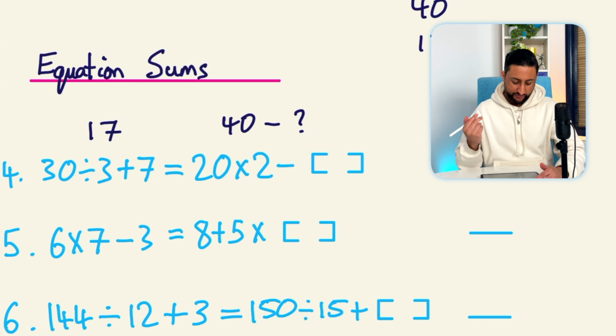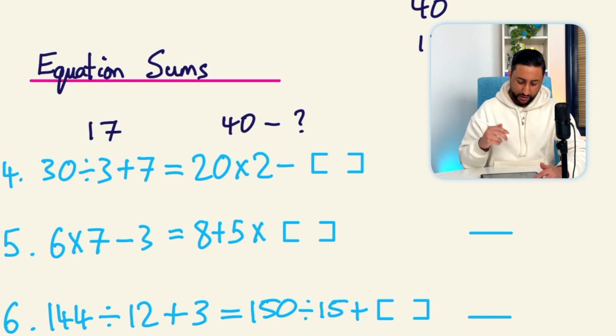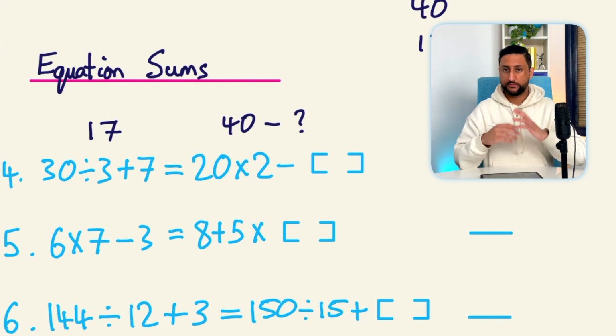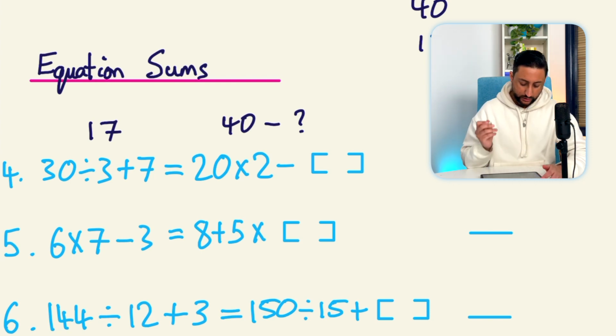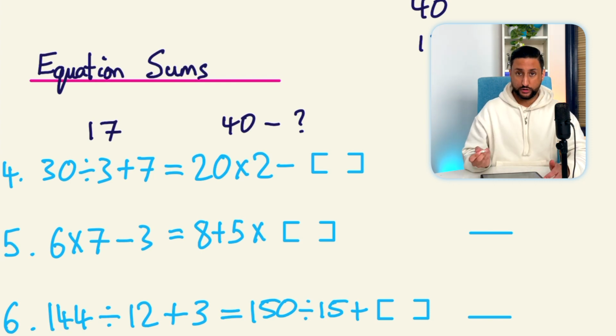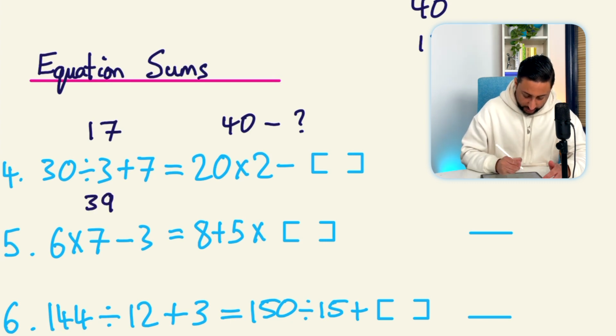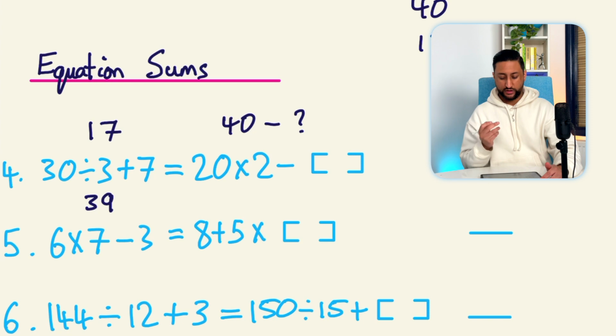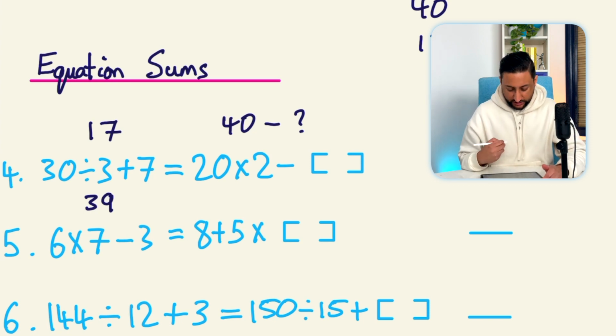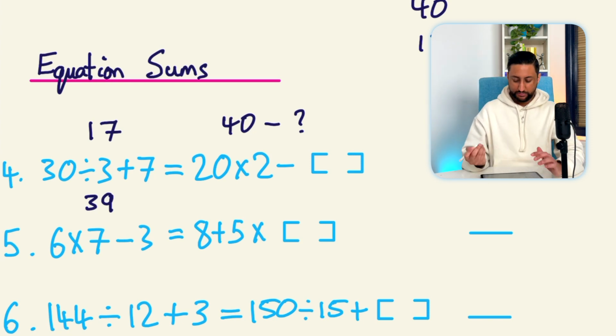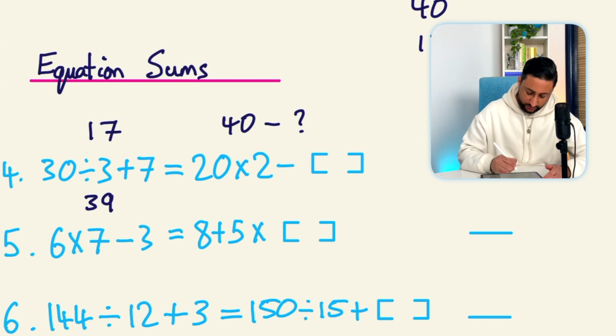Number 5, we have 6 times 7 minus 3 equals 8 plus 5 times something. 6 times 7 is 42. Minus 3 is 39. So our right hand side has to equate to 39. We have 8 plus 5 times something. Now 8 plus 5 is 13.